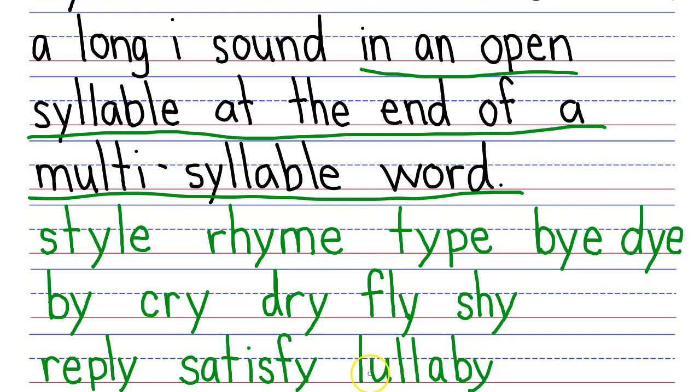We know it's a multi-syllable word because it's got three vowel sounds: the short u in lull, the schwa, and the long I. Lull, a, by. And therefore, the Y at the end of the word is going to make a long I sound, I. Lullaby.